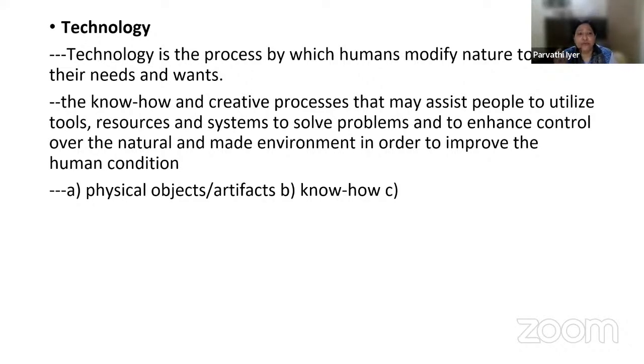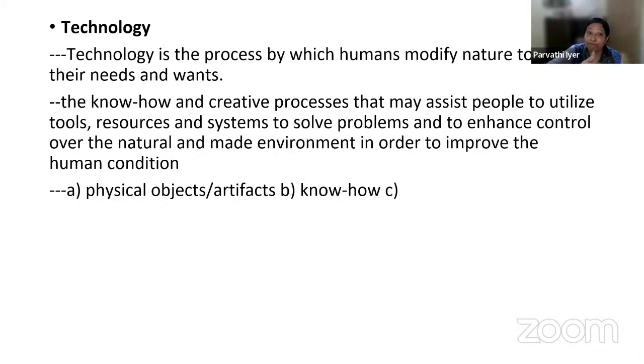So technology actually has three dimensions to it. I've not listed the third one, but the first is the physical. You can understand technology as a physical object, say a machine. You can look at a machine, you can touch it, you can understand it as a physical object or artifact. The second aspect of technology is know-how.